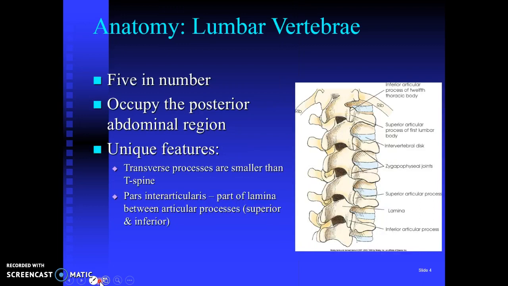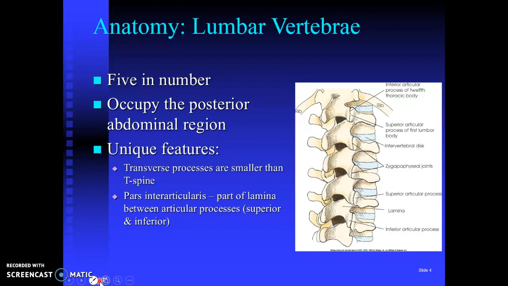Moving into the individual anatomy of the lumbar vertebrae, there are 5 on an average adult. It occupies the posterior region of the abdomen, and the special features that a lumbar vertebrae has: their transverse processes are smaller than that of the T-spine, primarily because they do not articulate with the ribs.